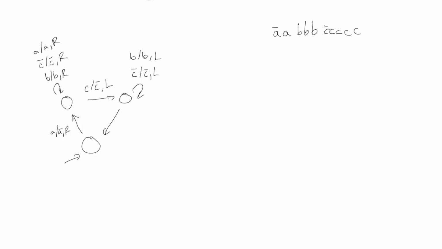And I may move through unmarked A's, like the other unmarked A's before I get to the first one, so that's an AAL. Eventually I get to a marked A, I go A bar, R, and then back to the beginning. That last R there will move me to the right one position, and I'll be pointing at the first unmarked A. And then I will repeat the entire procedure.